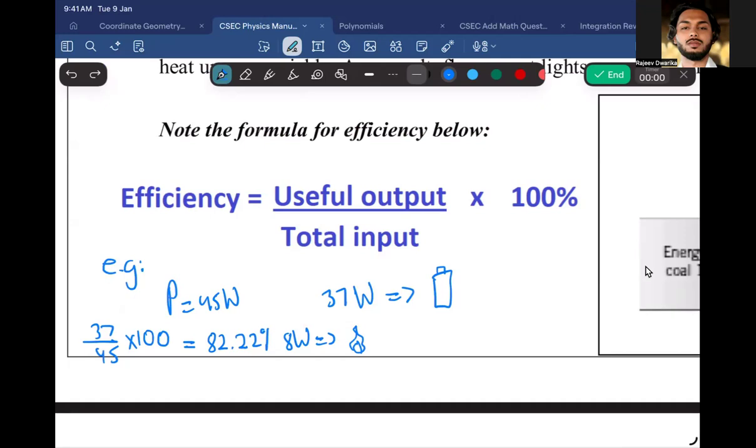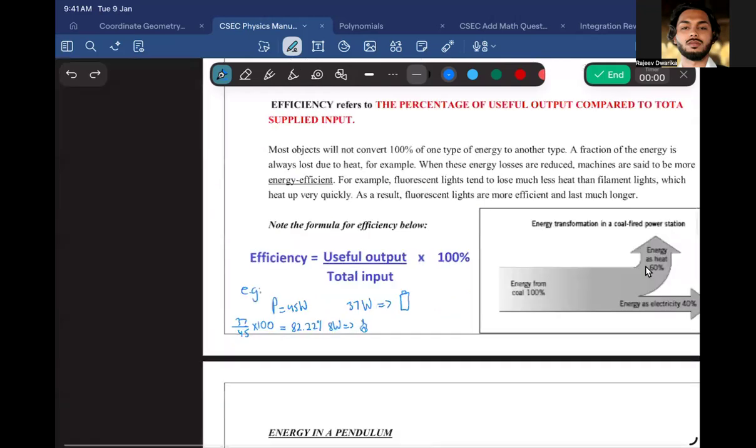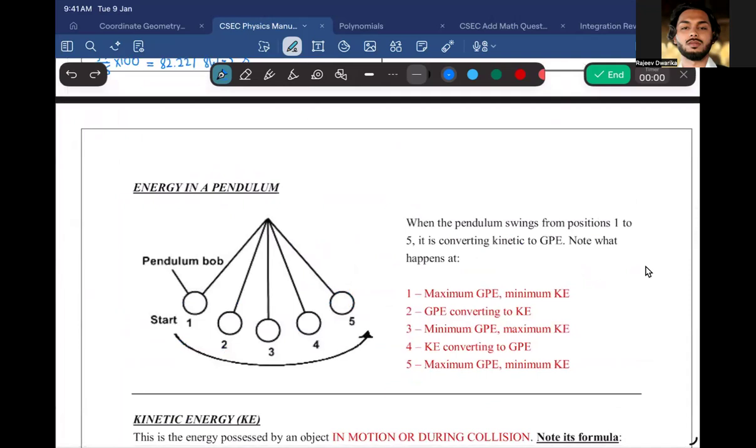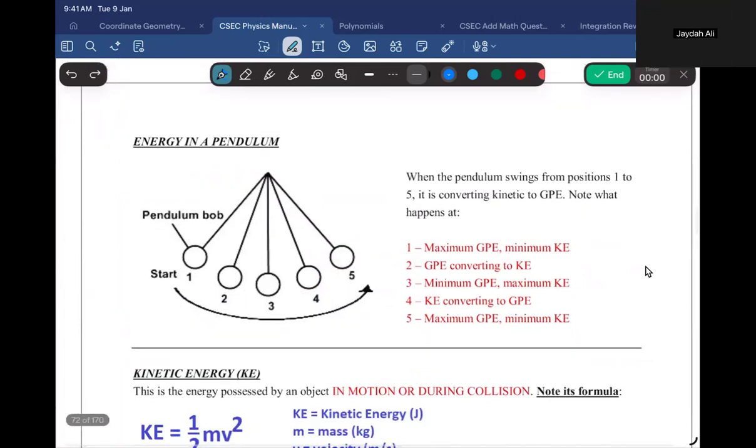So to find the efficiency, you simply put the amount that's useful all over the total amount of power you use and multiply by 100%. All right. So you understand that, right, Jada? Yes, I understand. Okay, cool.